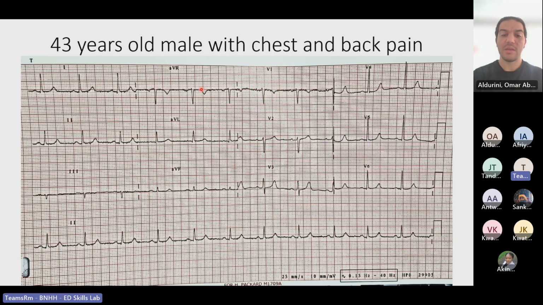Is this normal? I can say yes, it's normal for aVR and V1, and sometimes lead 3 can have a T wave that points downward. If these are the only leads with T waves pointing downward, then it's fine. It's normal because of the angle that the lead is recording, not because of ischemia.